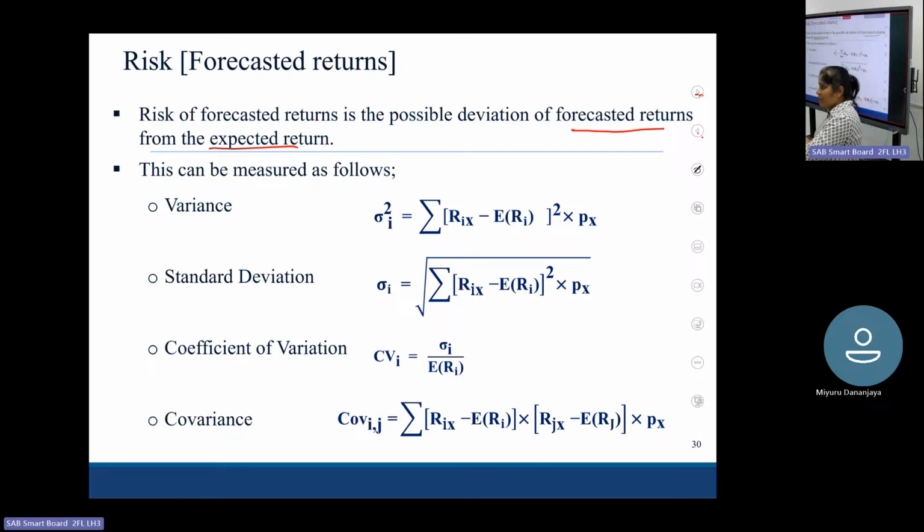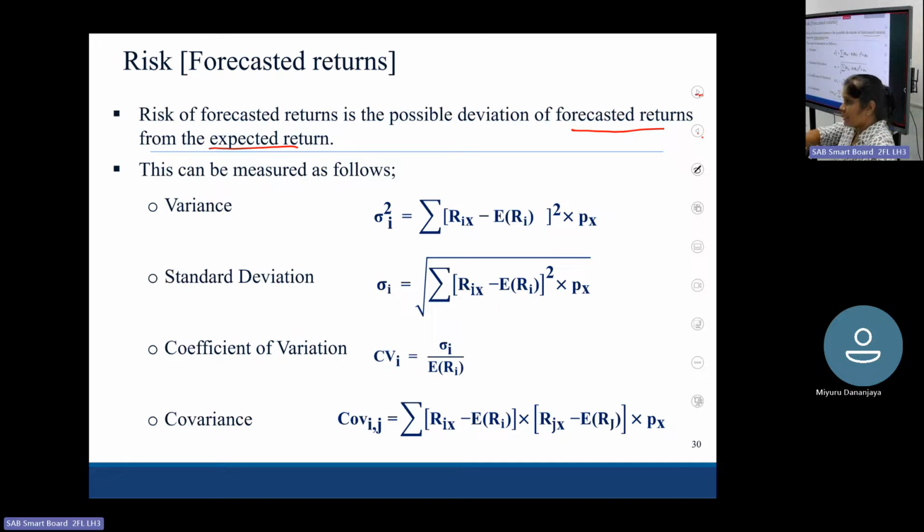Right? In the economy you will get only one. But these are possible: state of economy 1, 2, 3, 4. So likewise all are possible states of economy. So then what is the risk? Risk is the possible deviation of forecasted returns from the expected return.